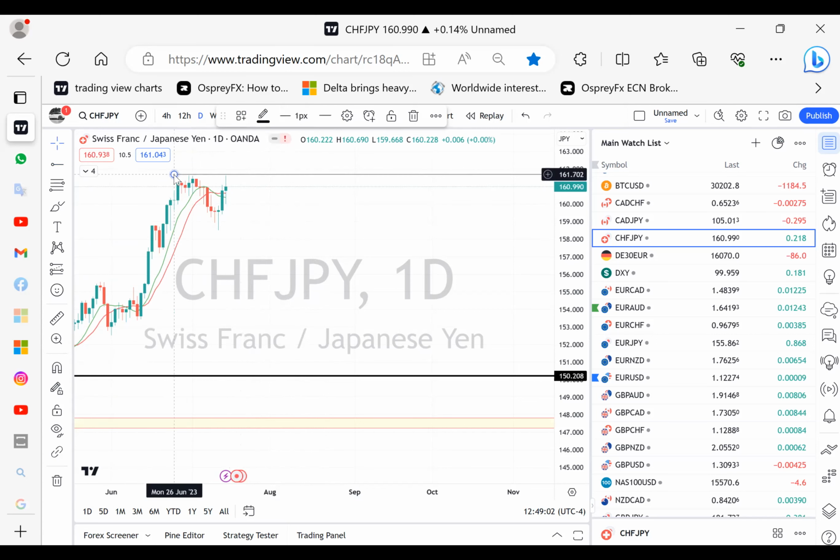Yeah. Well, they're safe. JPY is a safe currency, and CHF is a safe currency. So when there's unrest, when we have an unsettled market, JPY gets strong, but so does the CHF. So where are you going to trade this to?